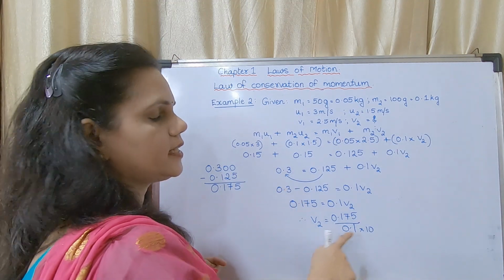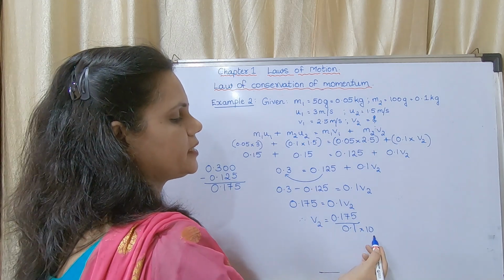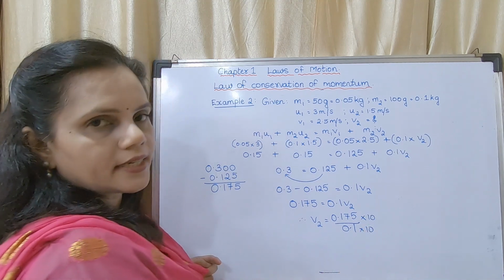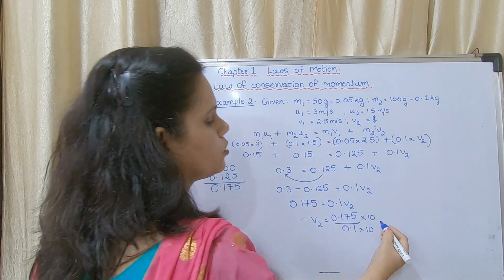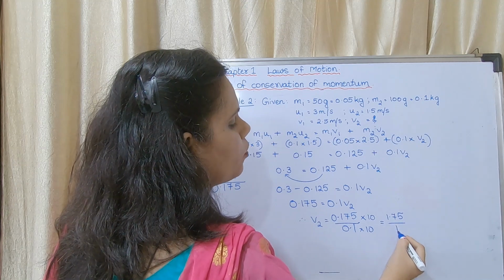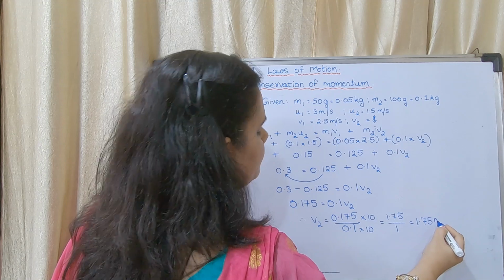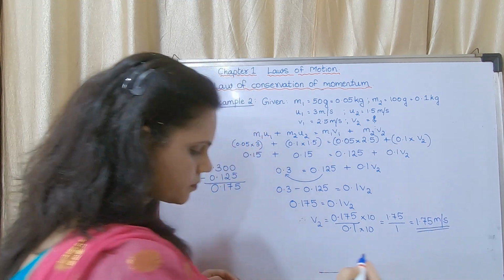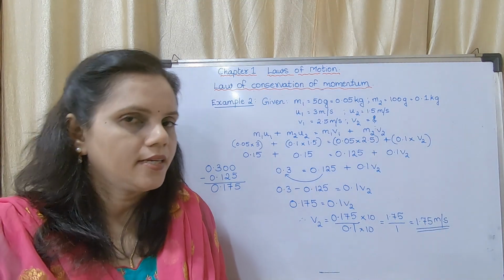If I multiply the denominator with 10, I have to multiply the numerator also with 10. So this becomes 1.75 upon 1, that is equal to 1.75 meter per second.